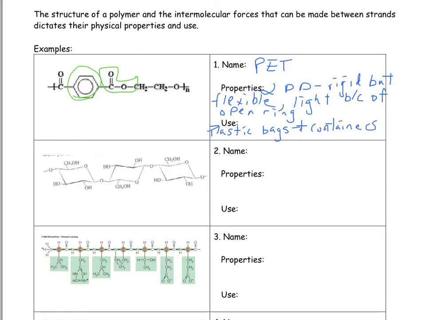Polymer number 2 is cellulose. It's a natural polymer made by plants. If we have a look at the structure, you see COC repeated. That makes this a polyether.